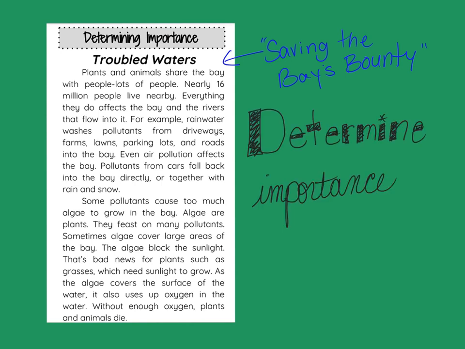Remember, that's where we looked at taking what is least essential out of a text and then being able to go back and highlight what is most important. So make sure that you have a copy of the text excerpt. Stop this video and take time to determine importance.